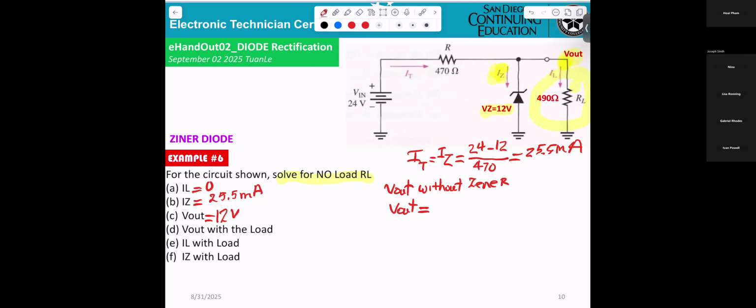R plus RL divided by 24 would be I out. To get V out, you have to use 24 times RL divided by R plus RL. It's a voltage divider.